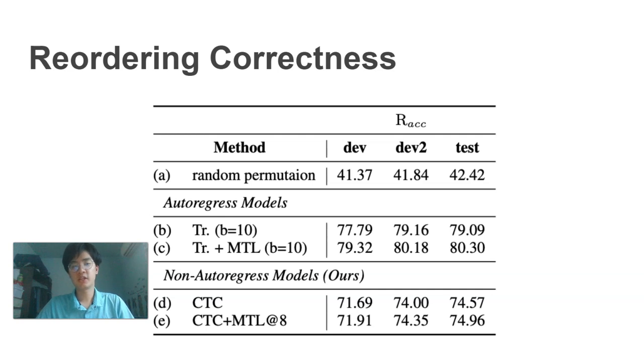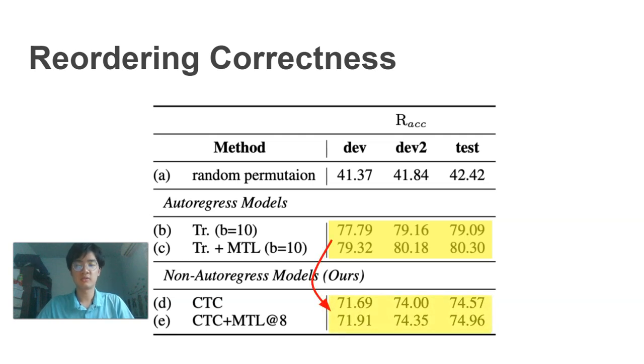We demonstrate the reordering phenomenon by two approaches. First, we use the reordering correctness introduced previously to evaluate the performance of our models. As anticipated, autoregressive models show good performance in reordering correctness.